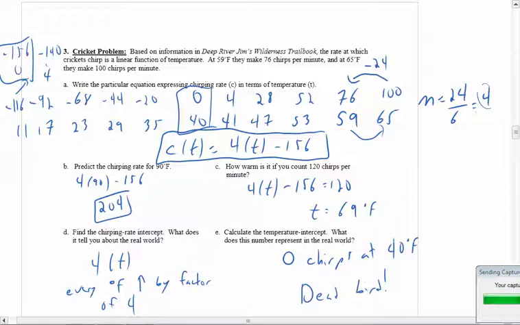So there's my slope. That's how I'm getting this 4t. In other words, the number of chirps, c, of time is 4 times t, which is like your mx, and then I've got to find b.